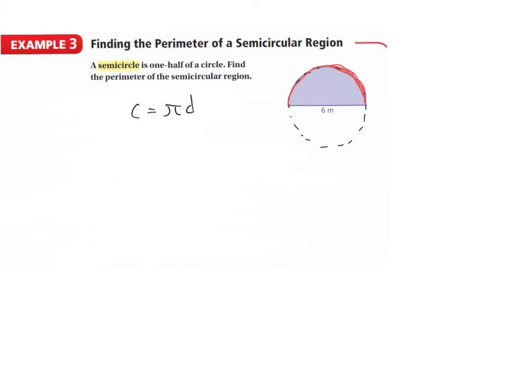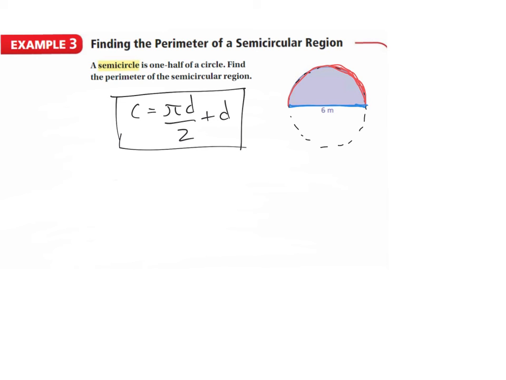And then I also want this part, which they tell us. So really, all you do, and the formula in the book is terrible, is take the circumference and divide it by 2, and then add the diameter. Okay, so use this formula. I don't care what your formula sheets say, it's more confusing.